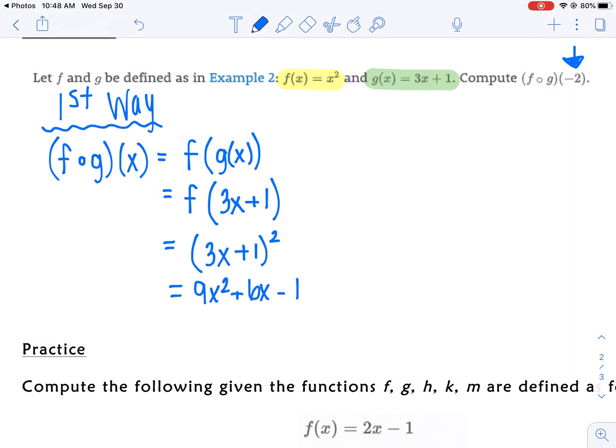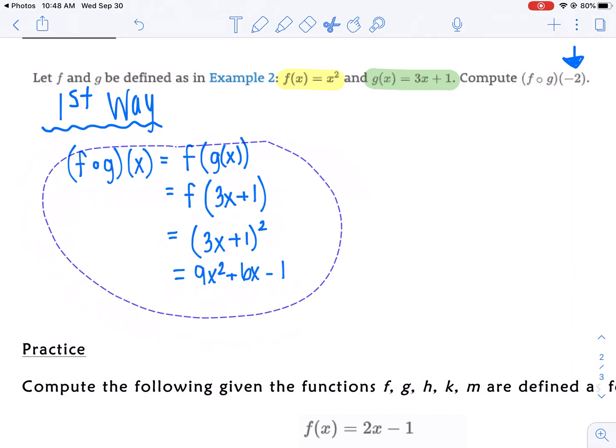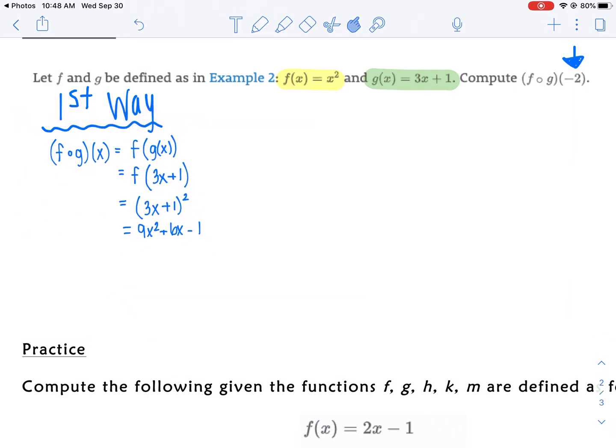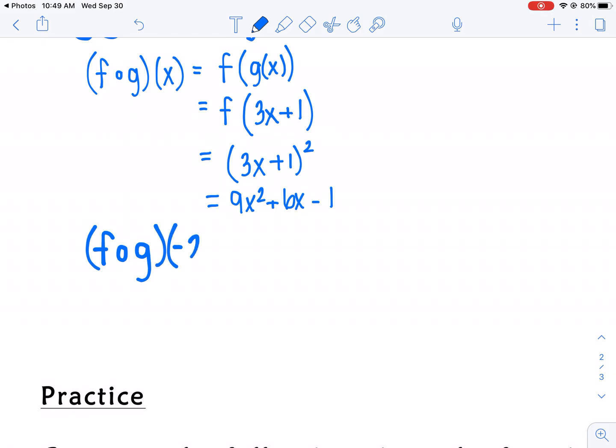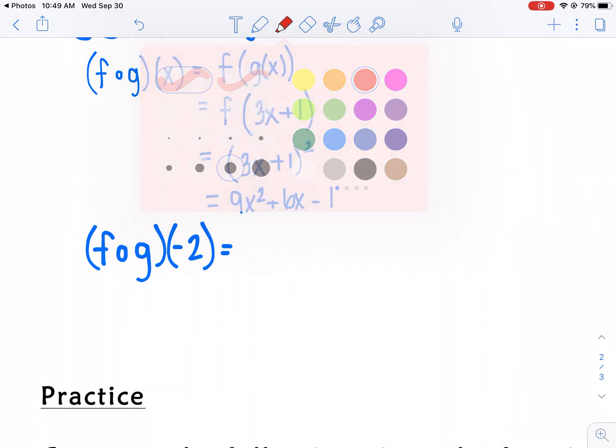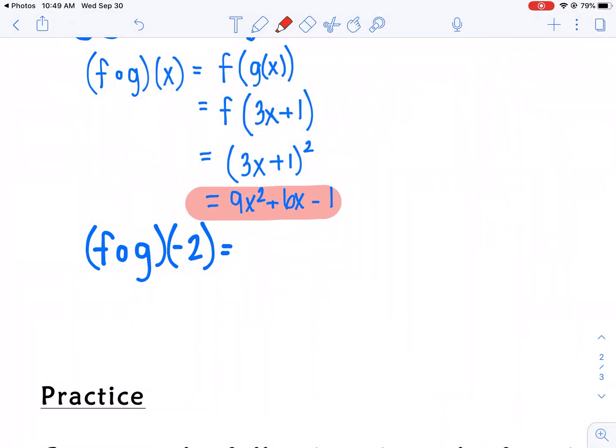Now that you're here, you're going to first have enough room, because I write like a giant. You're now going to take that function and plug in a -2. So treat this pretty much like its own function. Wherever I see an x now, I'm going to put a -2.